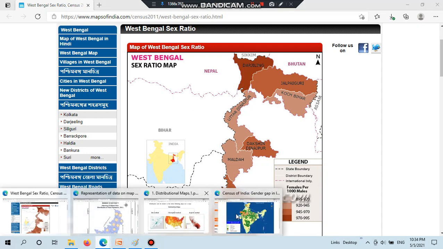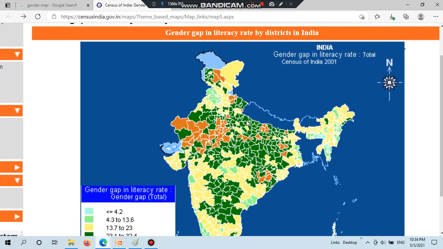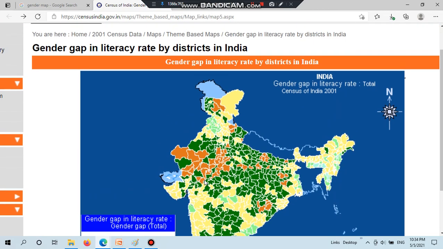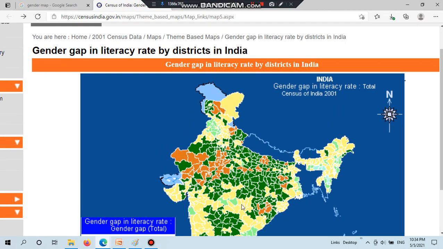The second thing: suppose this is the map of India showing the gender gap in literacy rate by district in India, based on the census of 2001. But here also the gender gap in literacy is shown through spatial variation.